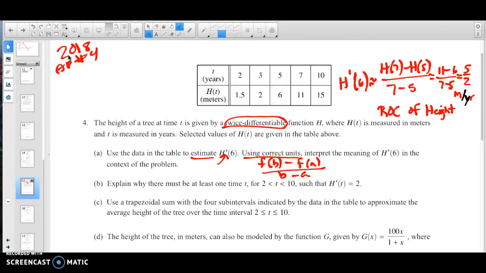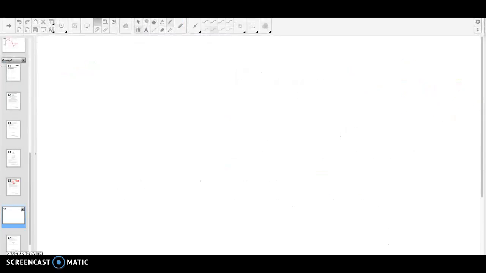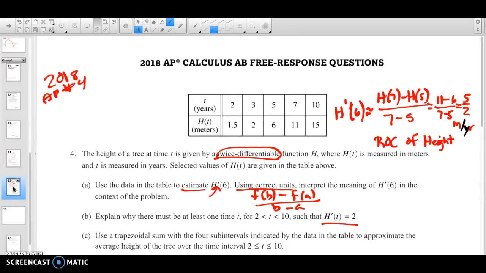Okay, explain why there must be at least one time t between 2 and 10 such that h prime of t is equal to 2. Okay, so I'm going to flip to another page here for a second. We had a standalone lesson yesterday about the mean value theorem.